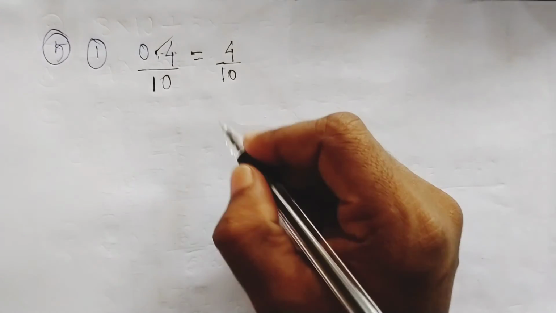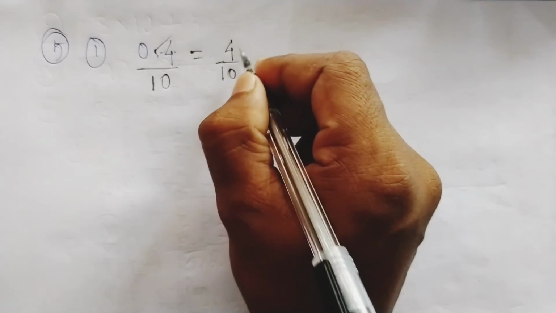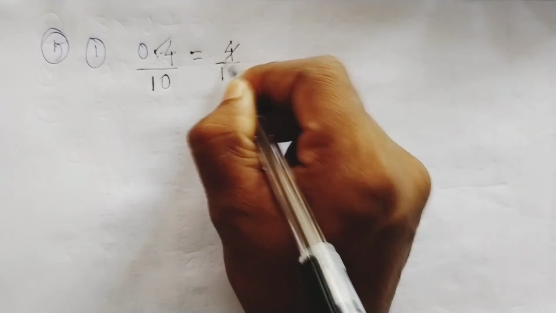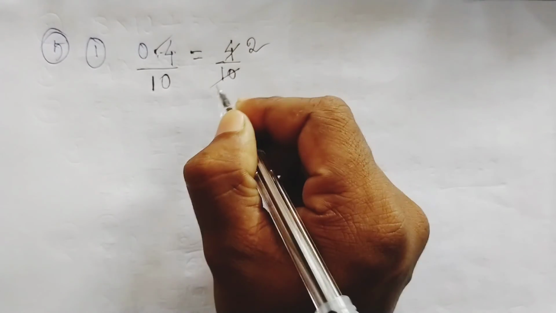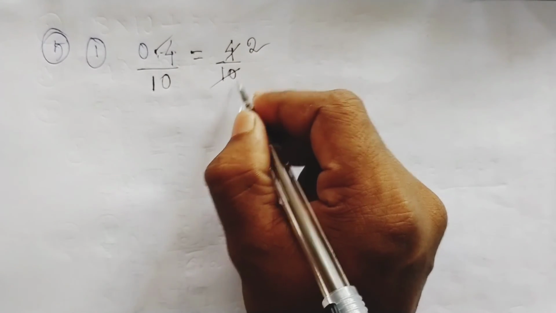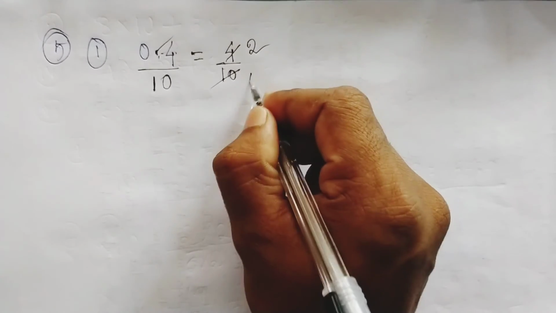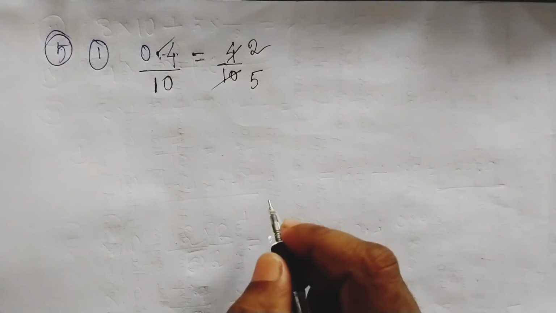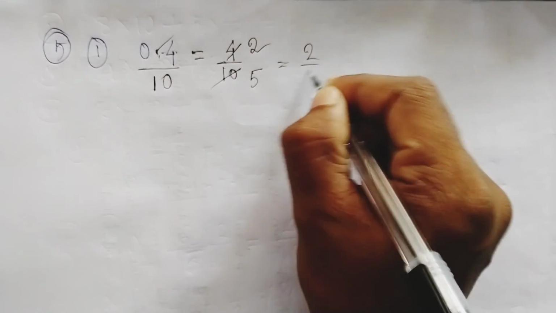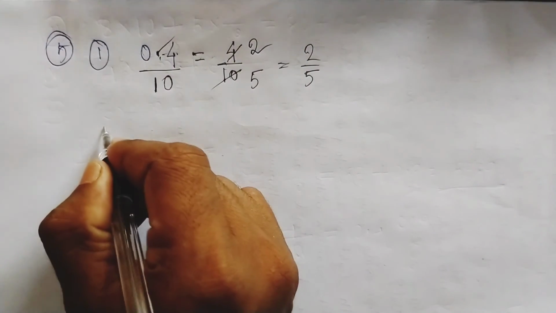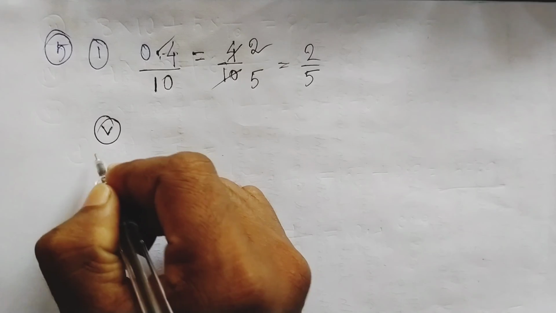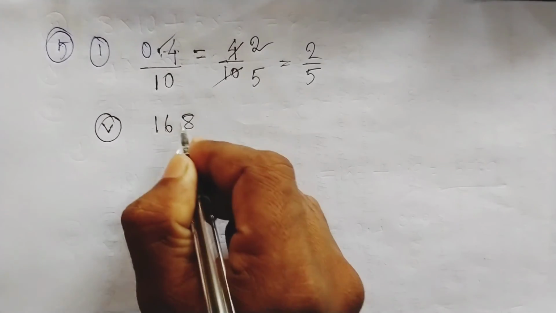Now it can be simplified by 2. If I divide 4 by 2, then we get 2. Then next, if we divide 10 by 2, then we get 5. Okay everyone? So our answer is 2 by 5. Now try to solve question number 5 here. Question number 5 is given 16.8.